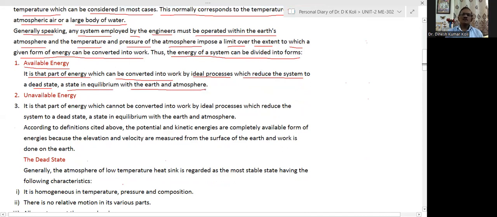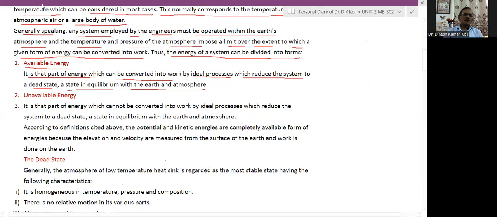It means the part of energy which we can convert into work by ideal processes, and that will reduce the system to a dead state. That part of energy is called available energy. The second one is known as unavailability or unavailable energy.